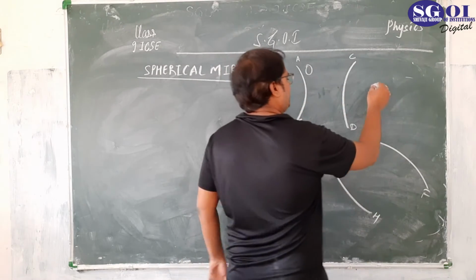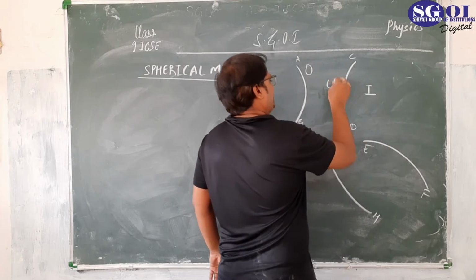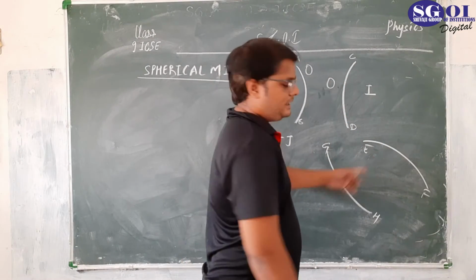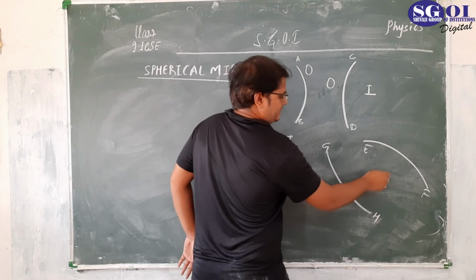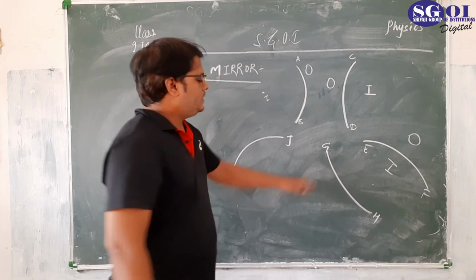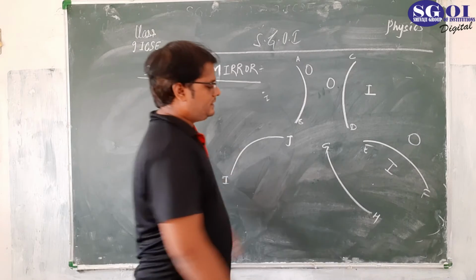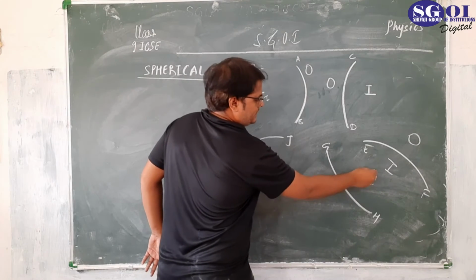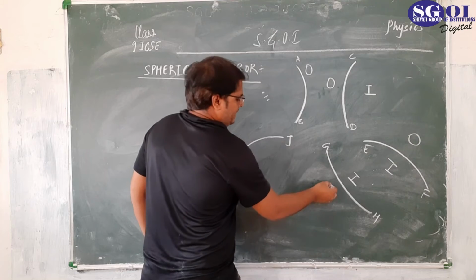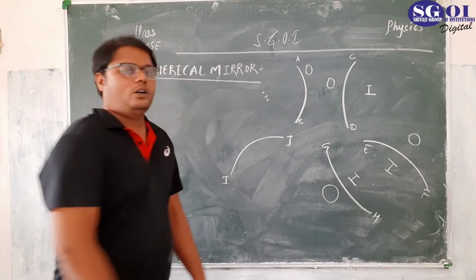So right side will be inner and left side will be outer. For this surface, center lies somewhere here. So this side will be inner, this side will be outer. For this surface, center will lie somewhere here. So the side with the center is known as inner and the opposite side is known as outer.